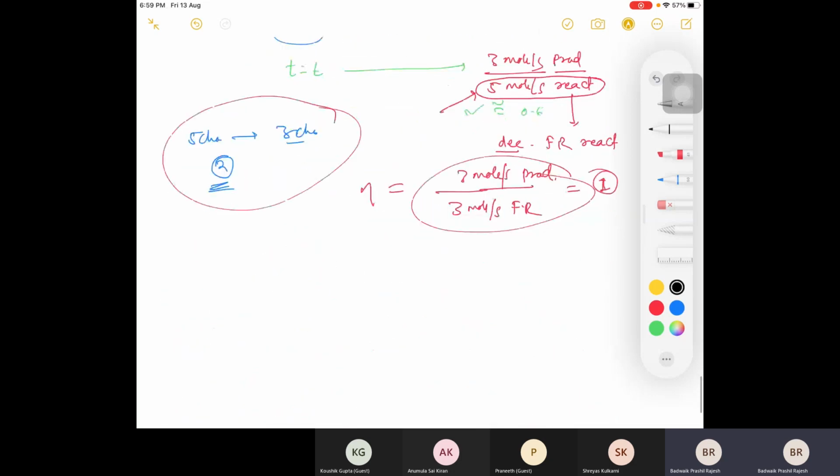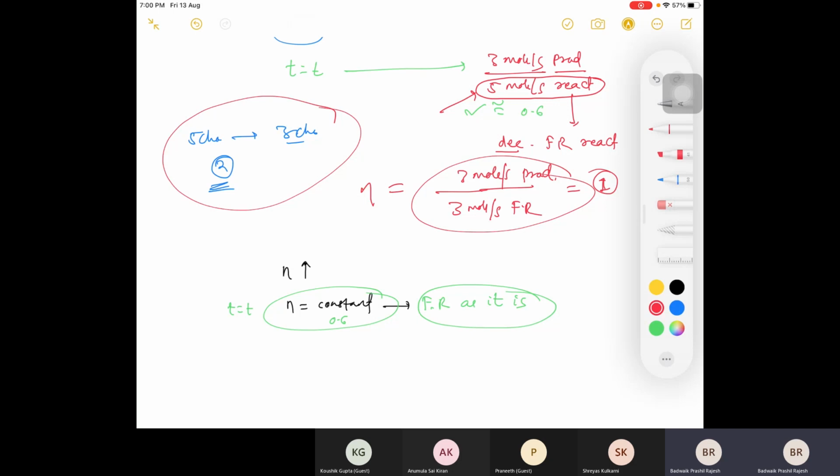So first is to increase the efficiency, and the other is to keep efficiency constant. If you keep efficiency constant, the flow rate will be as it is. I'm not changing the flow rate. If at time t equal to t I'm getting 60% efficiency and I don't want to increase that, I'll keep my flow rate as it is.